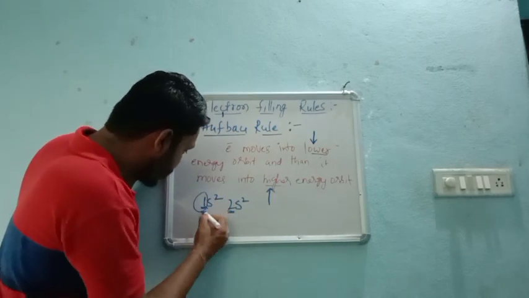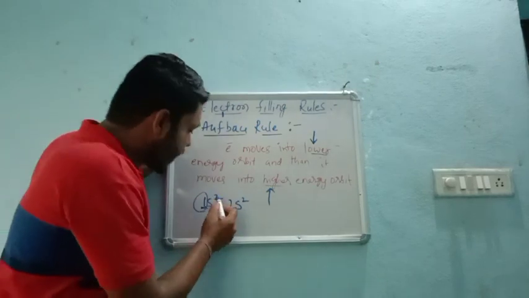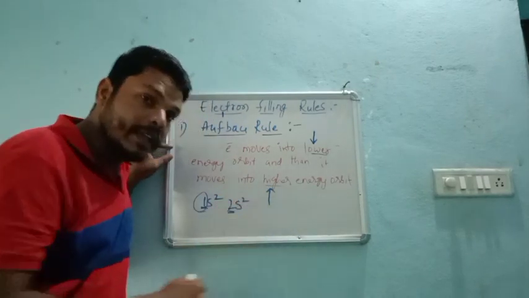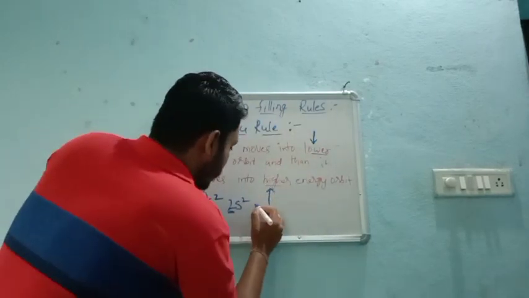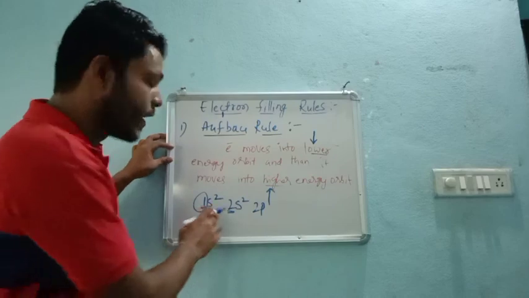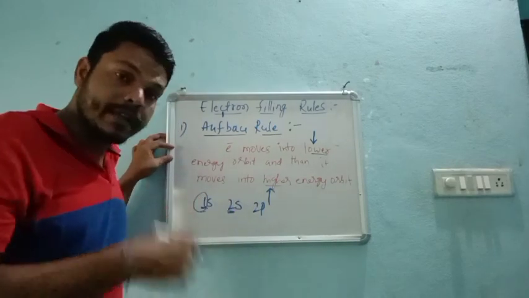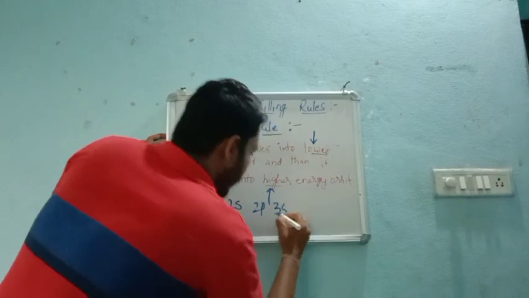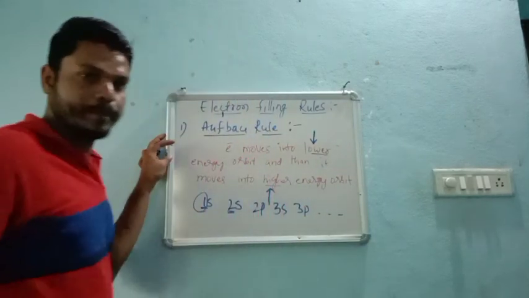In this case, the first orbital will be filled first. Then if extra electrons are there, after 2s the electron will move into 2p, and then 3s, and then 3p, and so on.